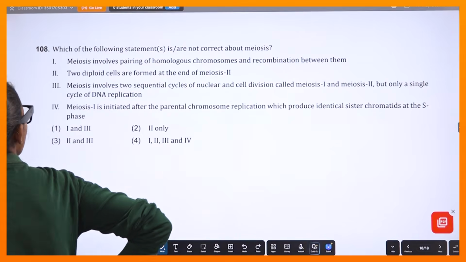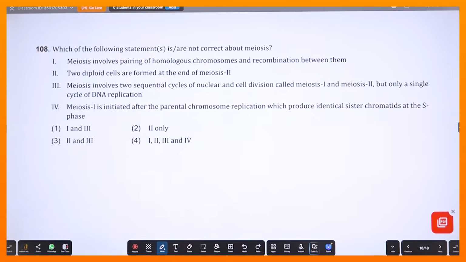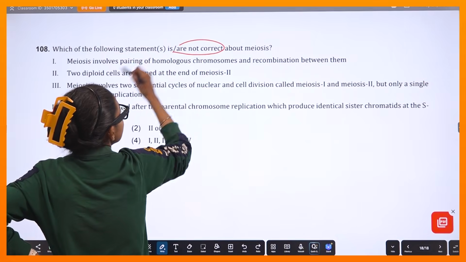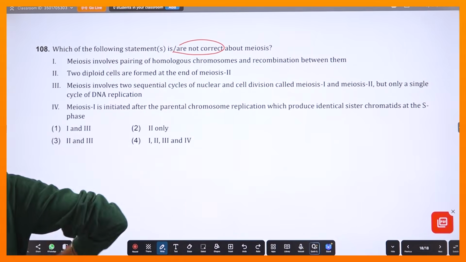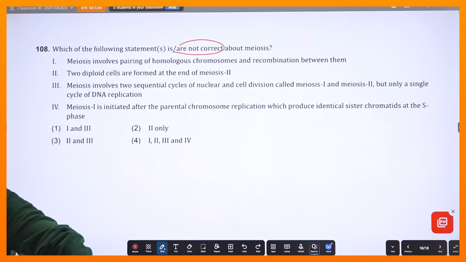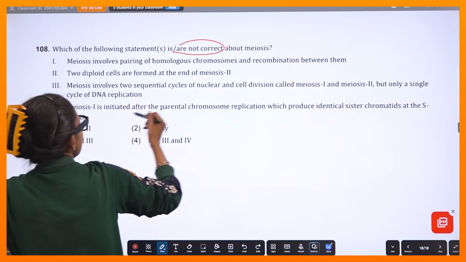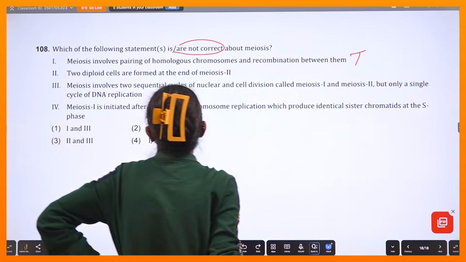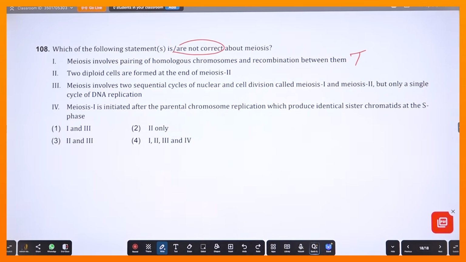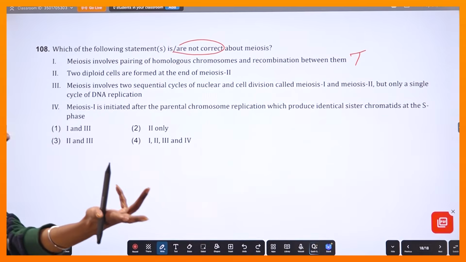Okay. Which of the following statements is not correct? Oh, incorrect about meiosis. Meiosis involves pairing of homologous chromosomes and recombination between them. This is true. Two diploid cells are formed at the end of meiosis too.